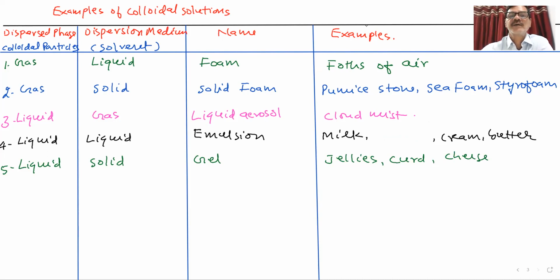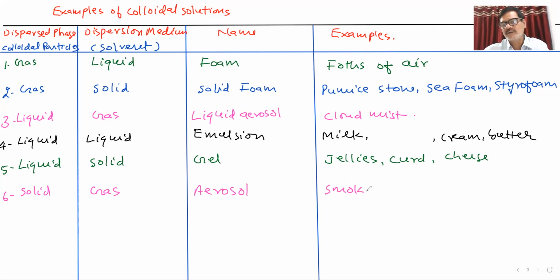So again we can see the next example. Sixth one is the solid in gas, and the name of this is what? Aerosol. Aerosol is the name, and examples are what?